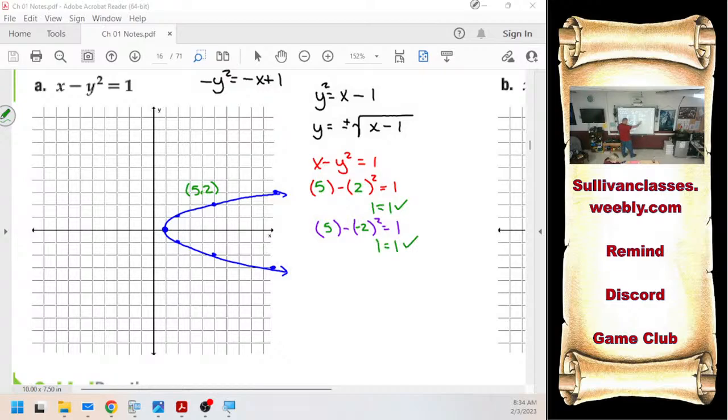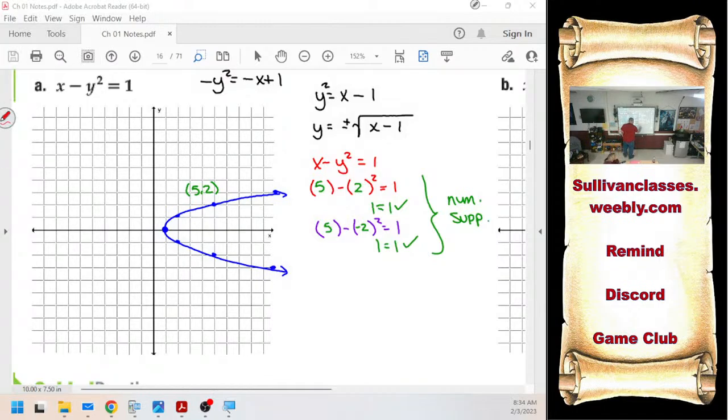That's it. Like that right there is called numerical support. Numerical support says I have shown that this thing, this coordinate, and its opposite pair are both on my graph. If I want to show that algebraically, I do the exact same thing, but only with x's and y's.